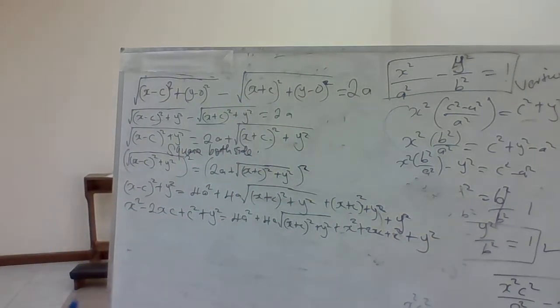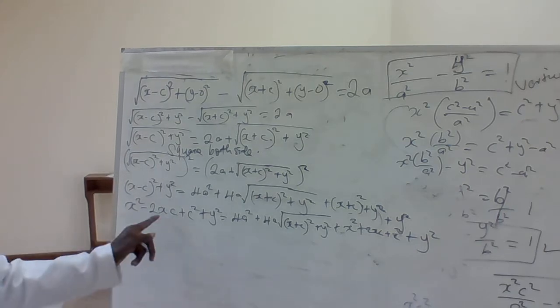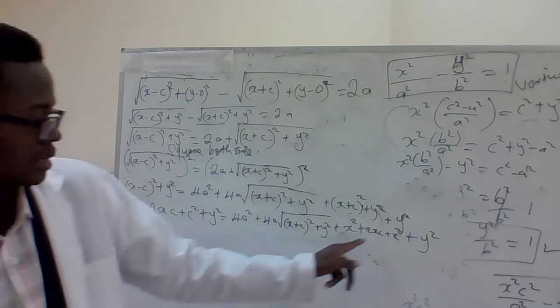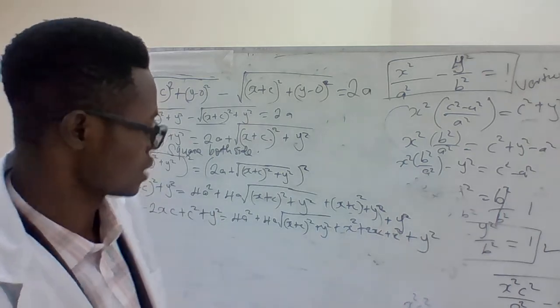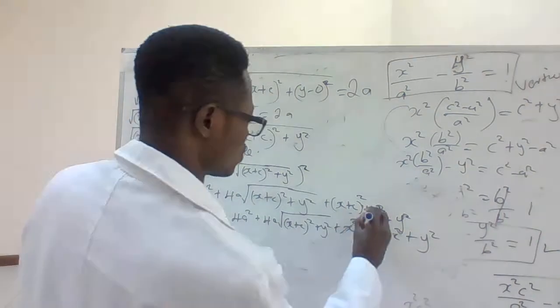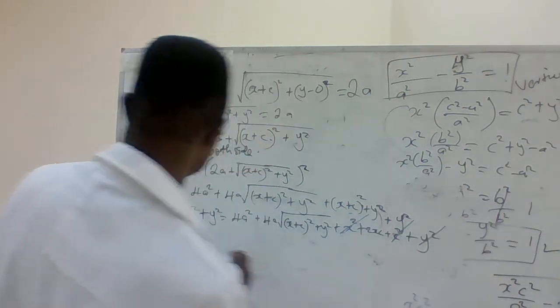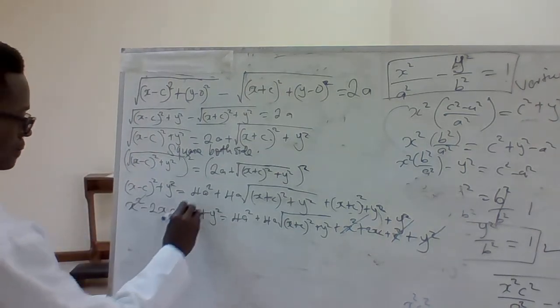Now, if you notice, we have x squared, c squared, y squared, x squared, c squared, y squared. So those ones can actually go. You can cancel.